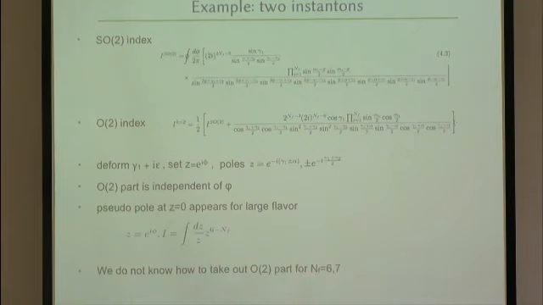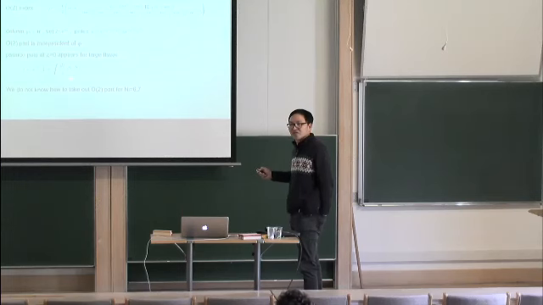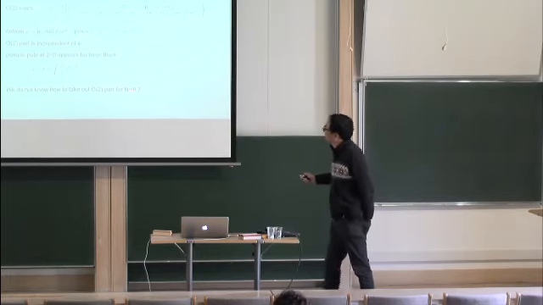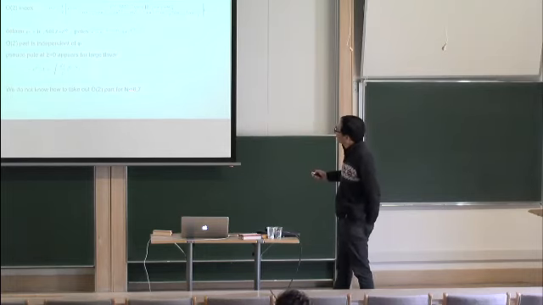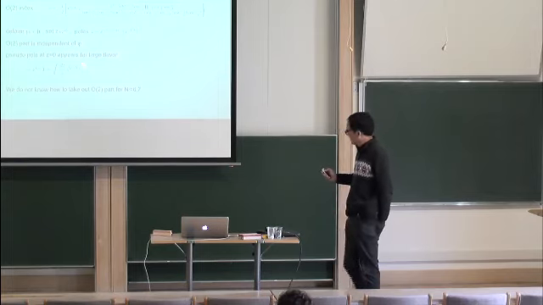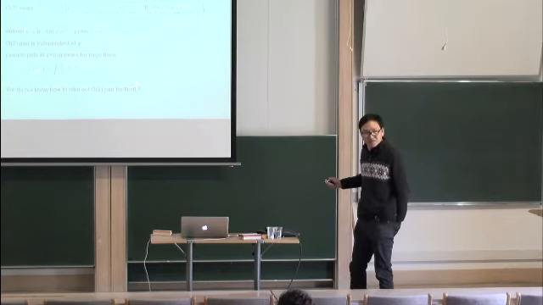So you can see that if the flavor number is 5 or less, then there's no pole at z equal to 0. So there's no issue. However, if the flavor number is 6 or 7, then there's a pole. And once you have a pole, then you have to take it away, and that process is not consistent with O2, so we don't know which one we have to add when the flavor number is 6 or 7. And it will be the cause of trouble for us.